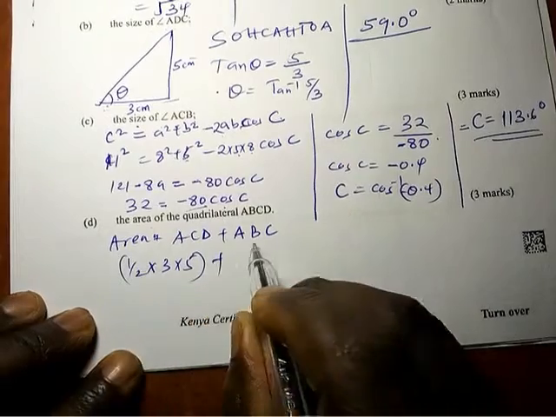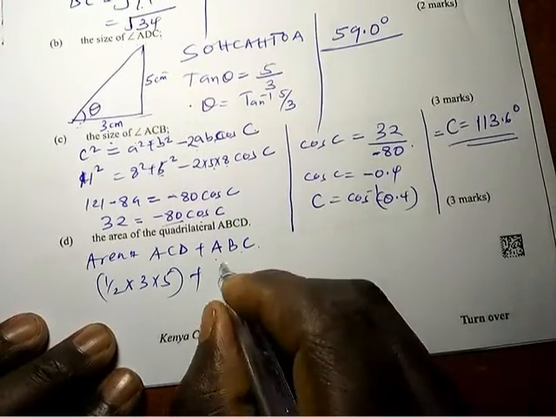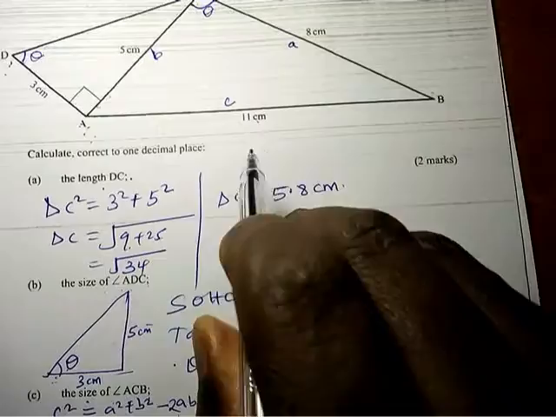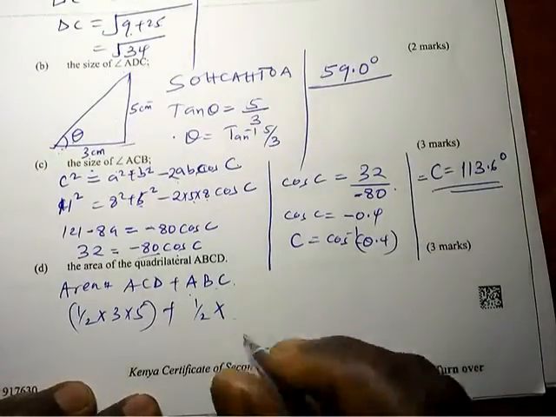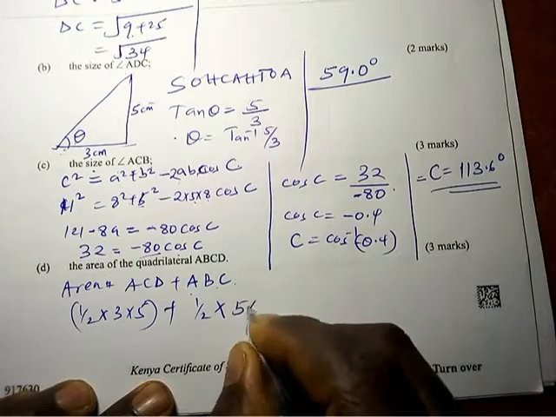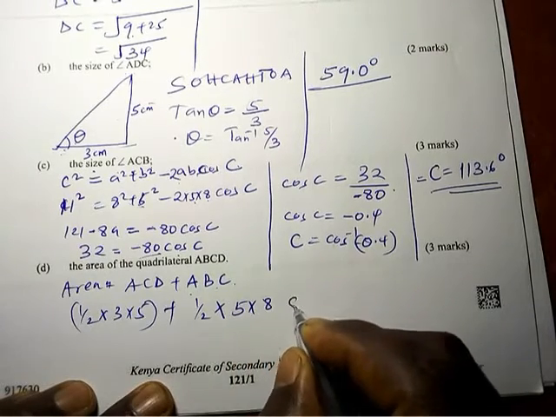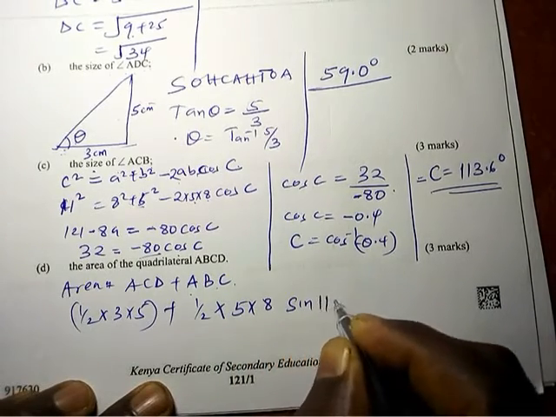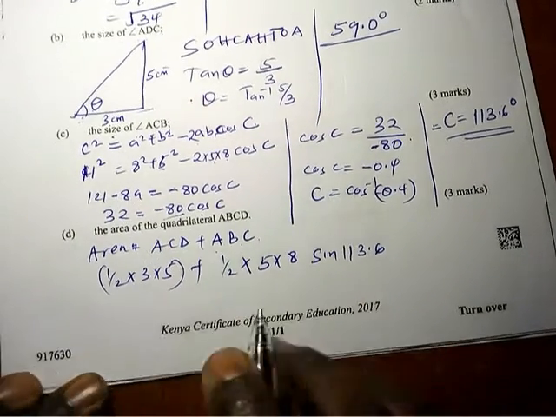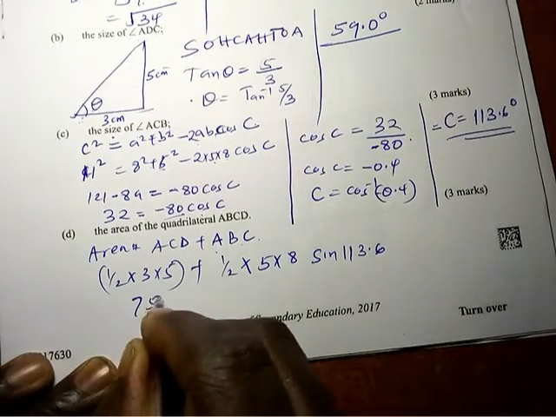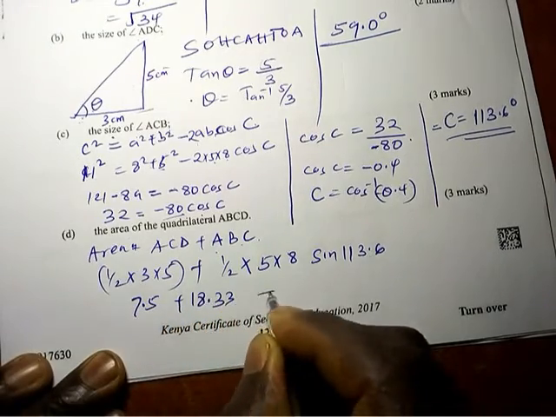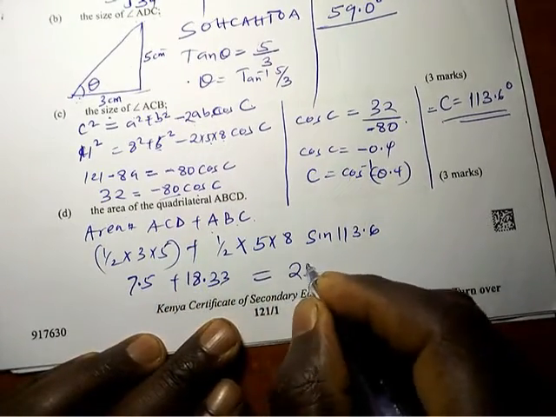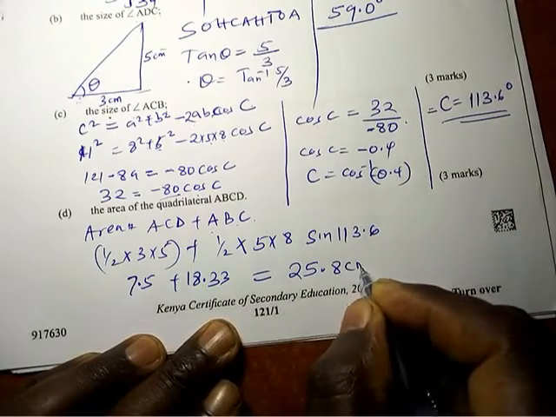Then plus ABC, we will use a half times the side 5 times another side 8 times sine of the angle we have, 113.6. This is 7.5 plus 18.33. The answer is going to be 25.8 centimeters square.